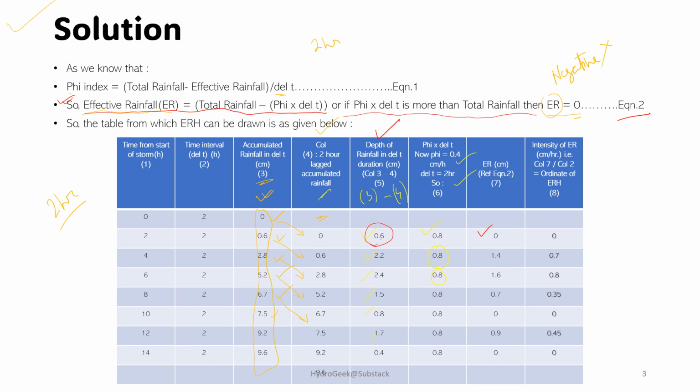So total rainfall is more than phi into delta. We deduct 0.8 from the total depth of rainfall, 2.2, and we get a value of 1.4, which is the ordinate of effective rainfall.